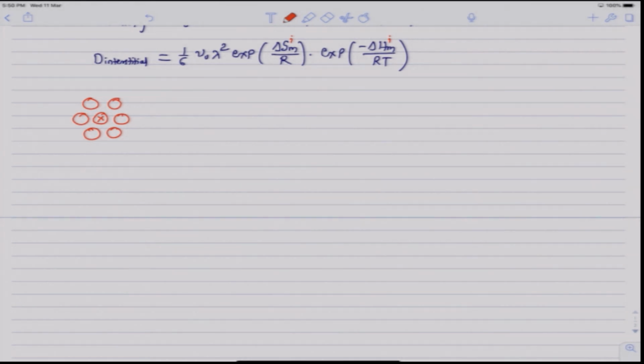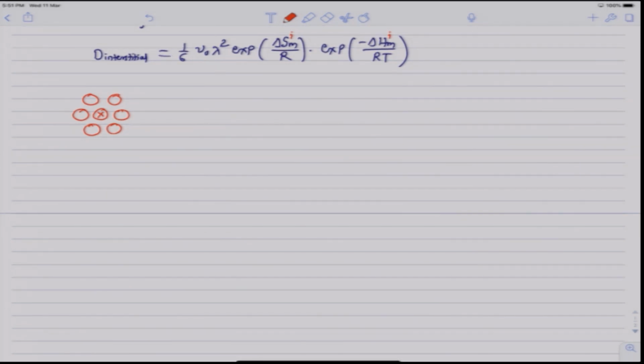So, a vacancy will randomly arrive on any of the nearest neighbor of X, and the atom X will make a random jump into that site. So, let us say the first random jump was from X to this site V here. So, after the jump, the vacancy is in the middle here and the atom is at X.